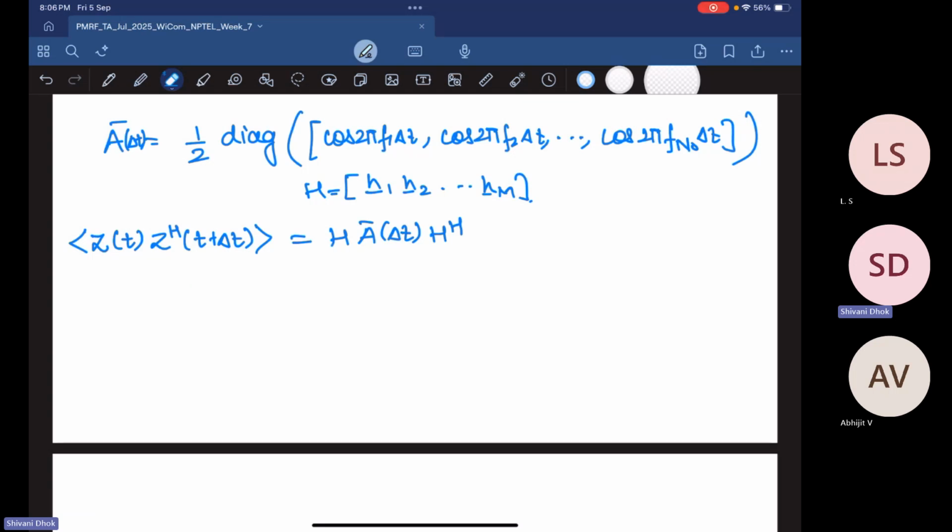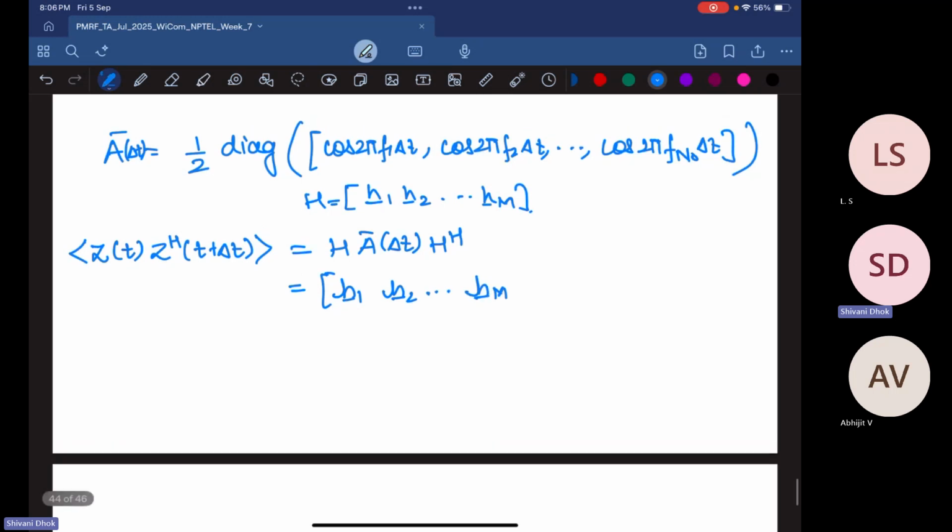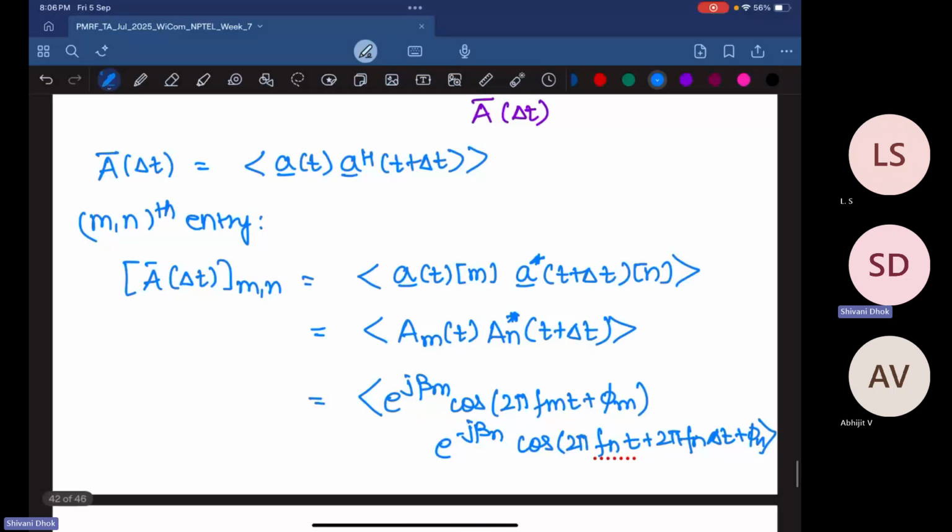Let's do it in this way. So I'll have h1, h2, and so on till h of, h Hermitian.